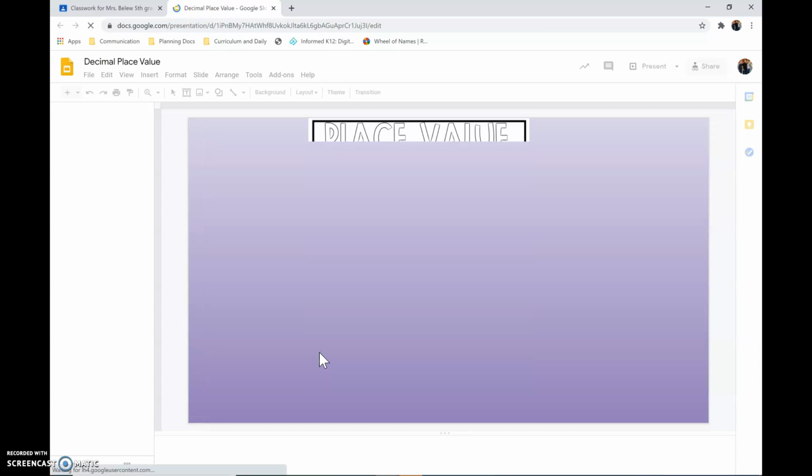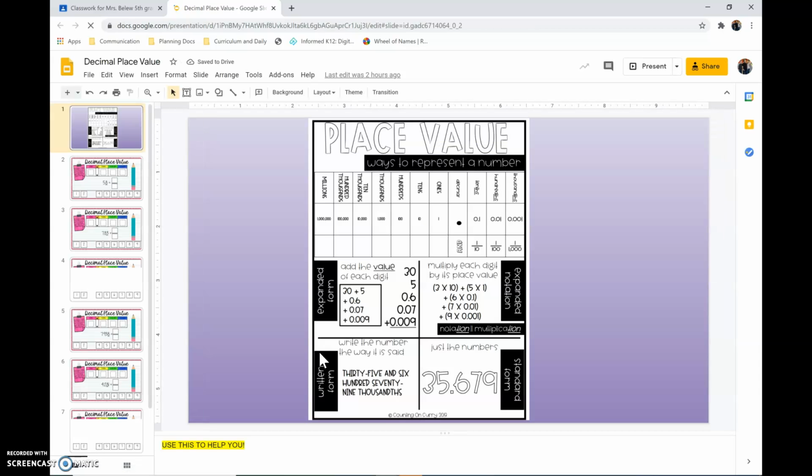So here's the link that you click on. All right, and the first thing that you're going to see is an anchor chart to help you. What you'll want to pay attention to is this part right here, which is your place value chart with the tenths, the hundredths, thousandths.